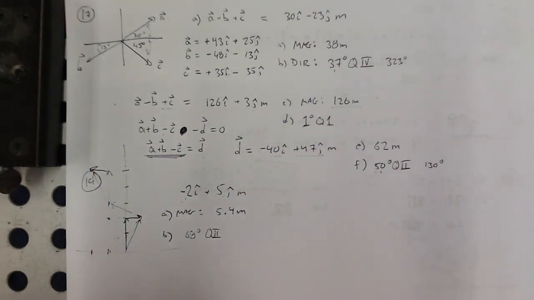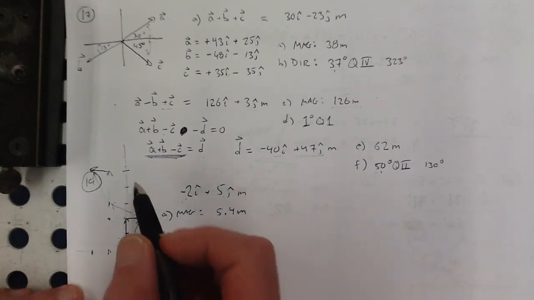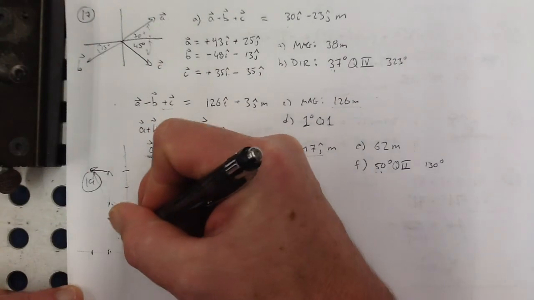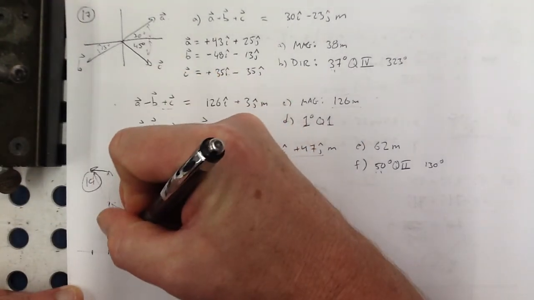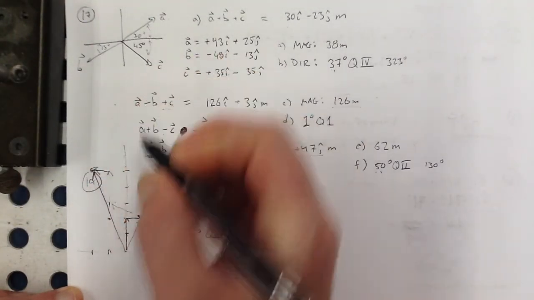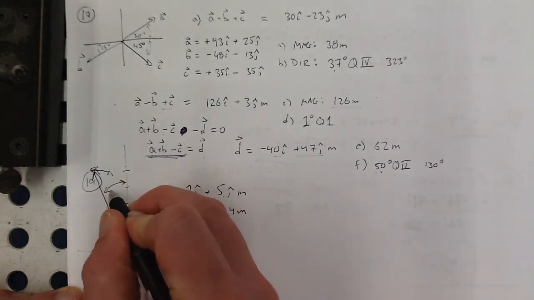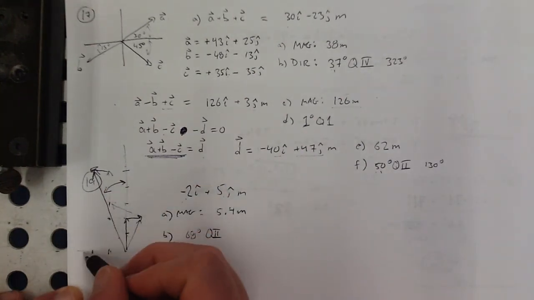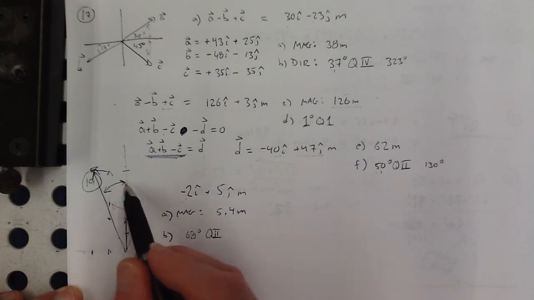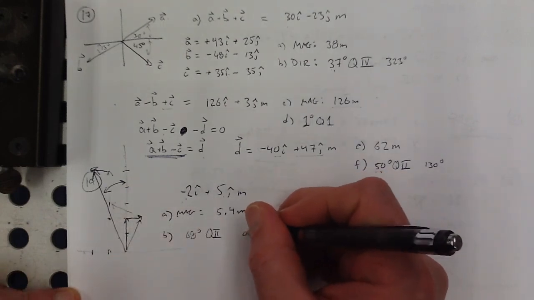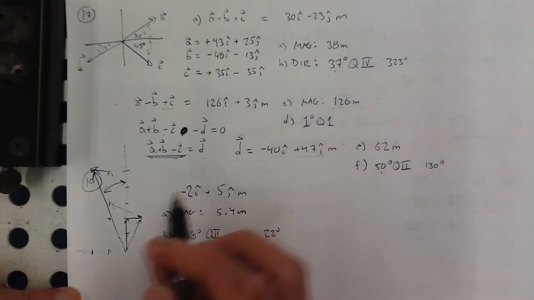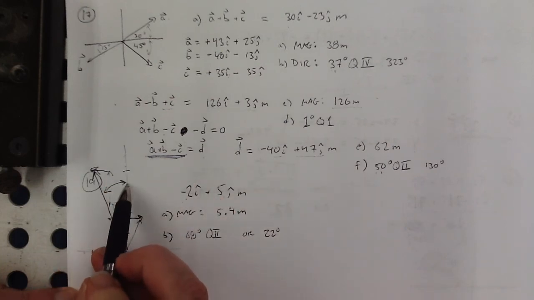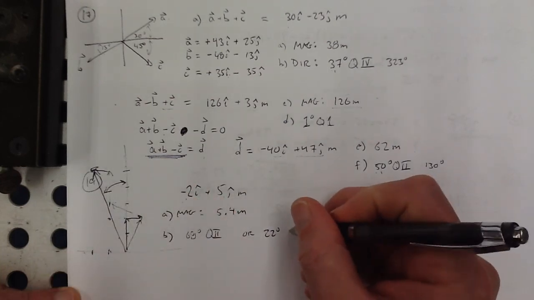Now they asked for what is the direction relative to forward. So they actually want, if this is where we end up, if that's sort of like our end position vector here, they want this angle here. So if this is 68, then this is 22. And that would be to the left of forward.